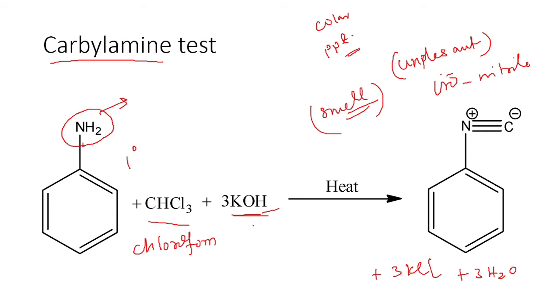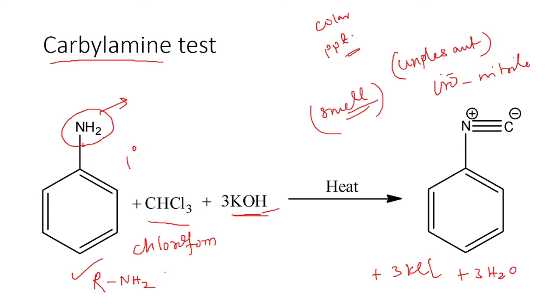So this gives you an unpleasant smell, and you can say that okay, this was primary amine. And if it doesn't give you an unpleasant smell, you can say that okay, it was not a primary amine, right? This thing gets done also in presence of an aliphatic amine, not necessarily aromatic amine.